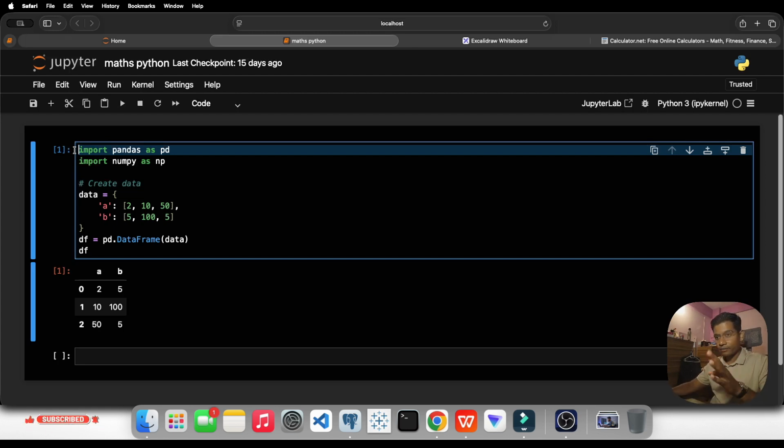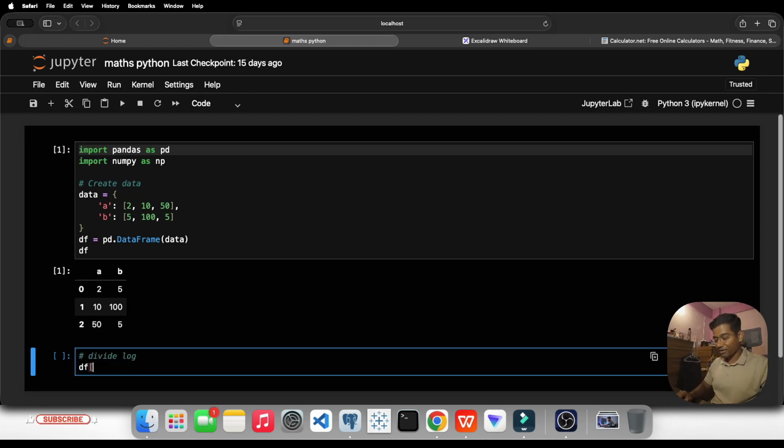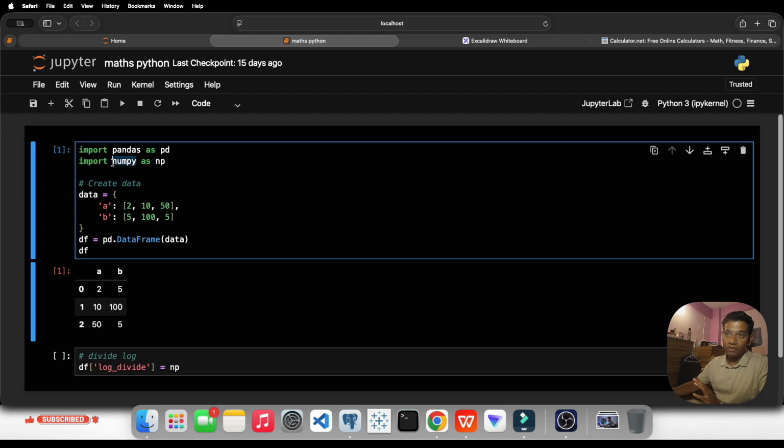Right now what we have is 10 and 100 like this. Let us see what output we get in division. We will just write divide log. First let's create a new column, like in the multiplication part where we created a column, and here we will use np. Np is nothing but the alias of numpy.